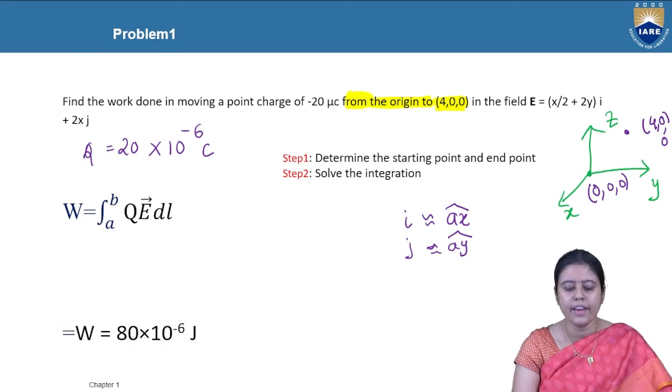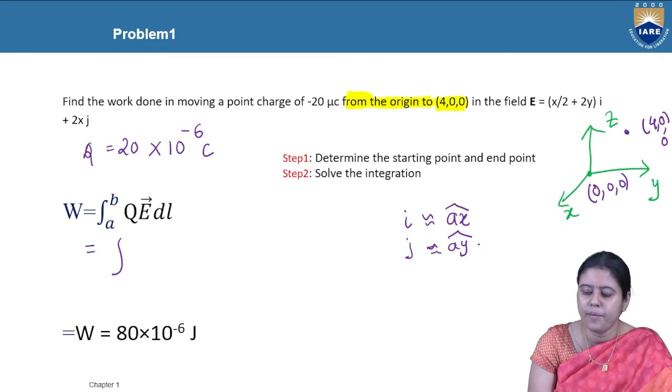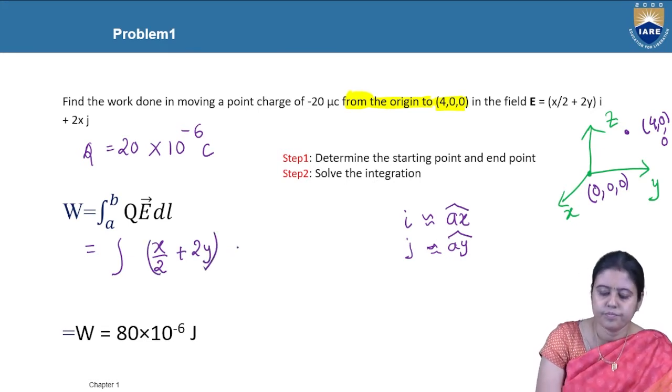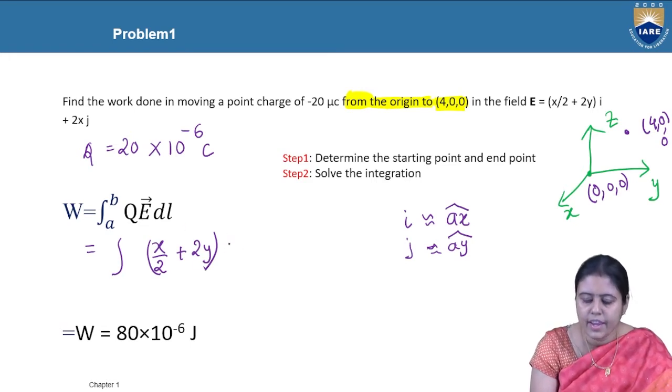So we can write the value: integration from a to b of x by 2 plus 2y i plus 2x j, this is our E. And what is our dl?